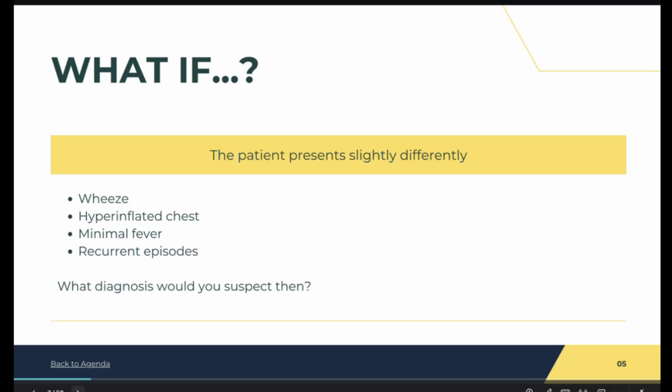So our next case is, let's imagine that this patient actually presented slightly differently. So they had a wheeze, they have a hyperinflated chest and minimal fever. And they've had this before many times. What kind of diagnosis would you be thinking of in this scenario? The patient is still 2 years old, but with a slightly different presentation.